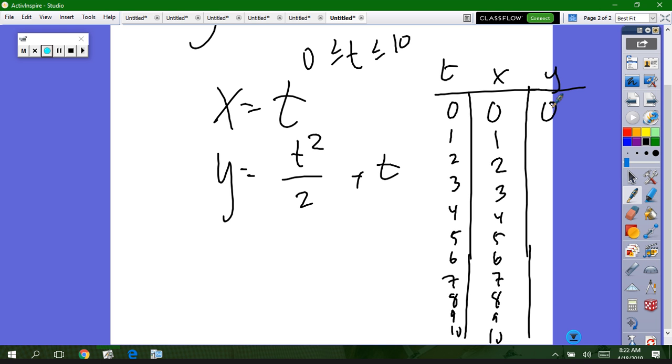Plug in 2 for t: 4 divided by 2 is 2, 2 plus 2 is 4. When we plugged in 4, we had 4 plus 4, which is 8. When we plugged in 6, 24. When we plugged in 8, that's 64 divided by 2, so that was 40. And then that was 60.